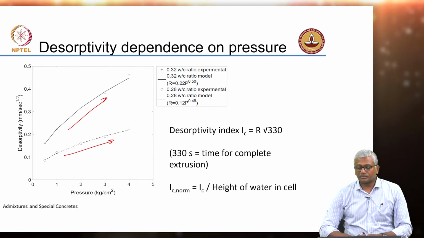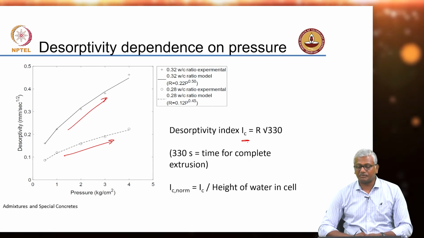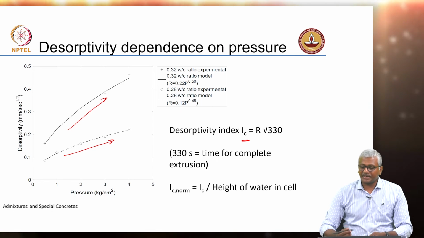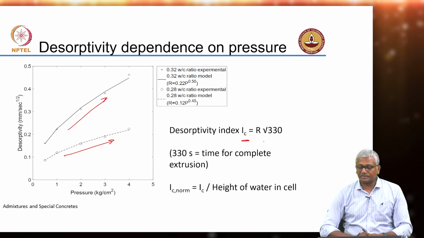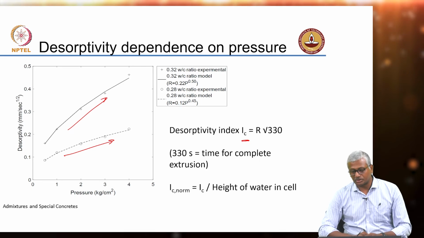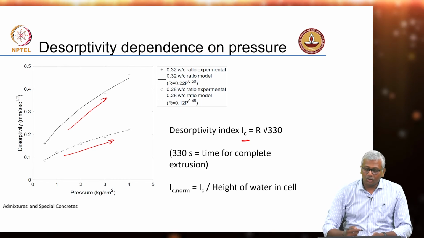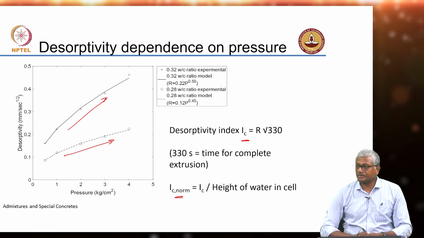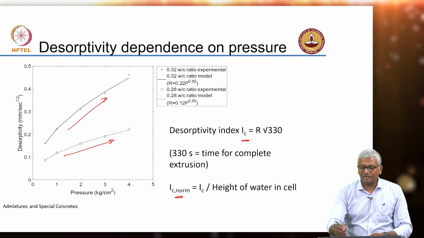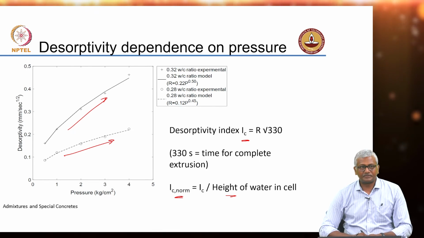Based on this value, we came out with what is known as a desorptivity index, which was taken as R times square root of 330, where 330 seconds was the time for complete extrusion of the mix. And then we normalized the value obtained here by dividing by the height of water in the cell.